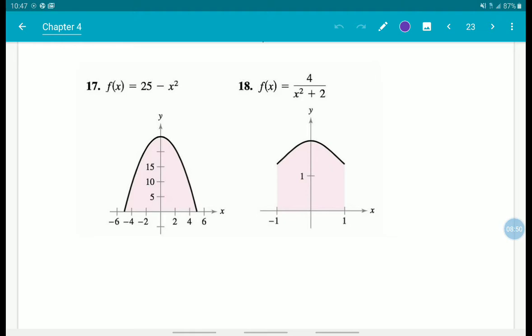If we look at this one, we're integrating the function 25 minus x squared. And then thinking about those x bounds, we're going from negative 5 to 5.